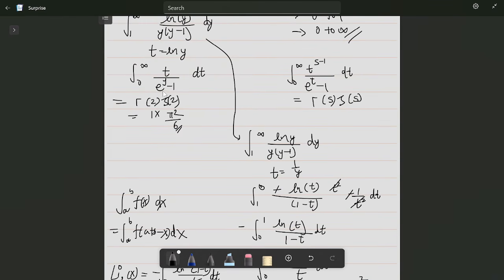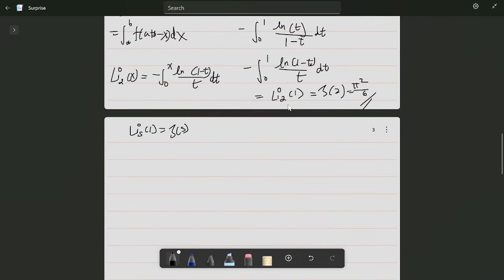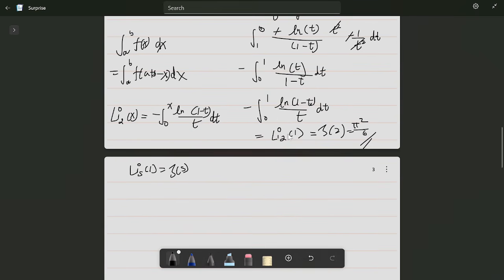Basically this can be derived using geometric series: multiply by e to the power minus t, and then we get a geometric series. This is also from the definition of the Li2 function. Also we can expand this into a Taylor series: take the Taylor series of ln(1 minus t) and then see that this holds.